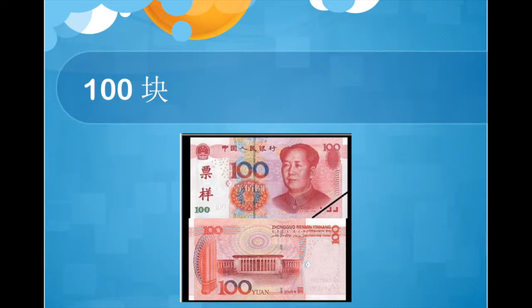If you forget what a number is in Chinese, you have to review by yourself, okay?